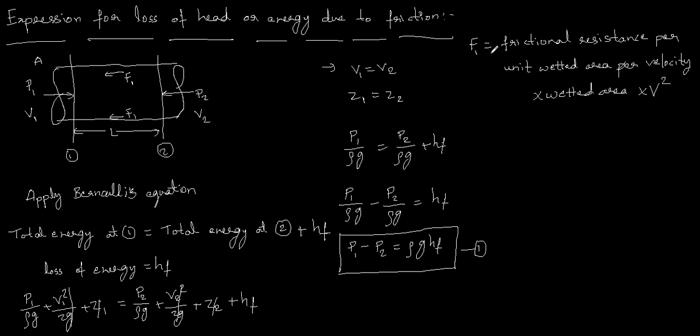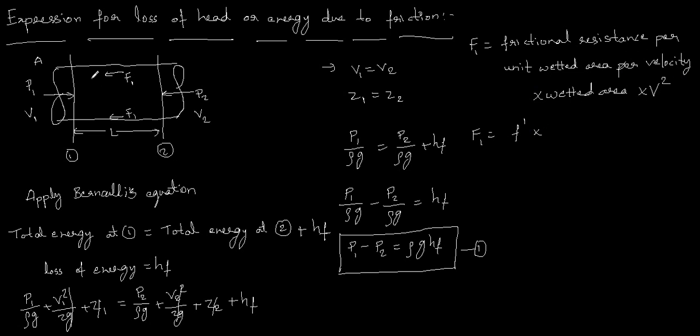This formula is for finding the frictional force, that is the resistive force offered by the internal surface to the fluid. By this formula we can write the frictional resistive force. So F1 is equal to, I want to assume this entire term as f dash, which is the frictional resistance per unit wetted area per unit velocity, into wetted area.